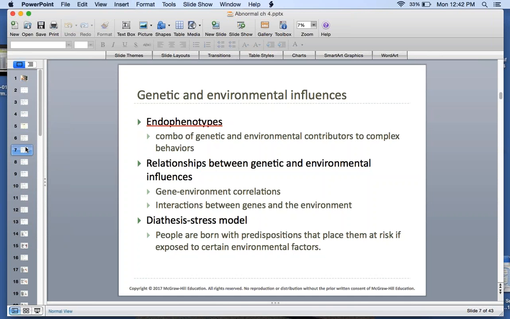Based on their environmental factors, one may have those genes turned on, and then they will develop schizophrenia, whereas if the other twin has different environmental factors and those genes are never turned on, they never have a psychotic break. They never develop schizophrenia.